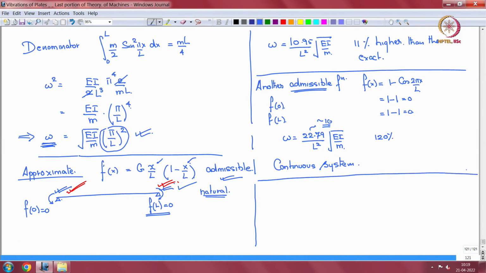Again, following the same book that I mentioned earlier, we will just look at a few situations and possible admissible functions.